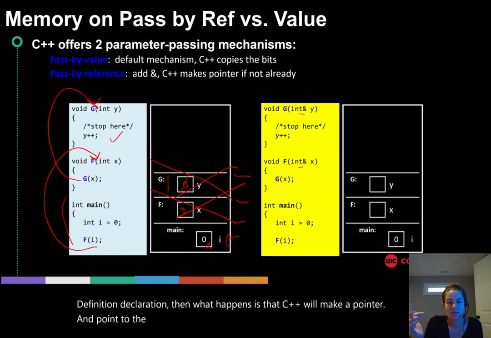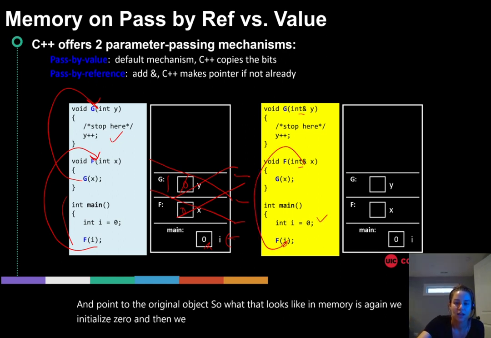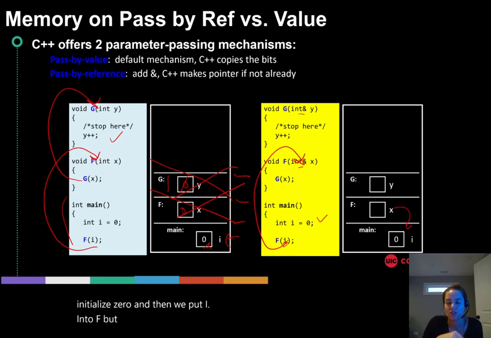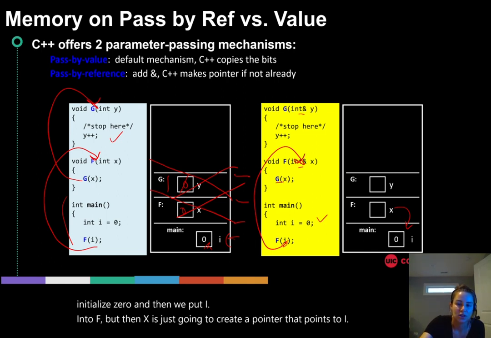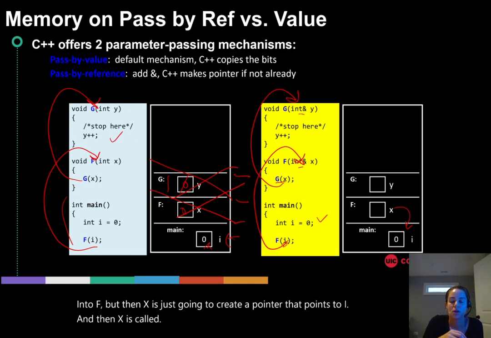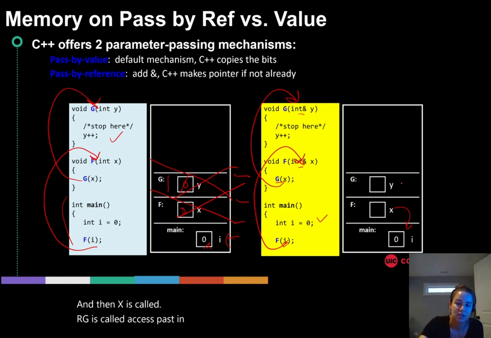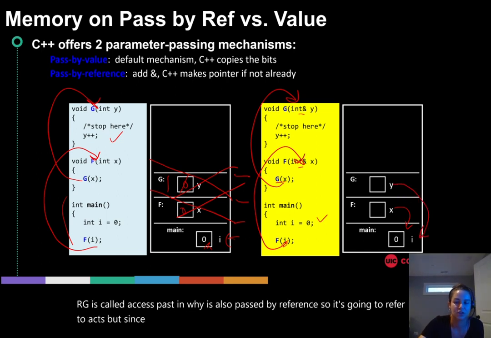So what that looks like in memory is, again, we initialize I to 0 and then we put I into f, but then x is just going to create a pointer that points to I, and then g is called, x is passed in, y is also passed by reference, so it's going to refer to x, but since x refers to I, it's just going to refer to I.